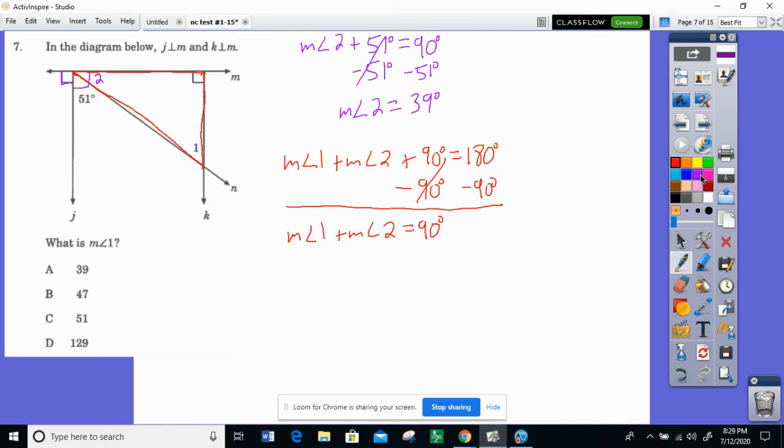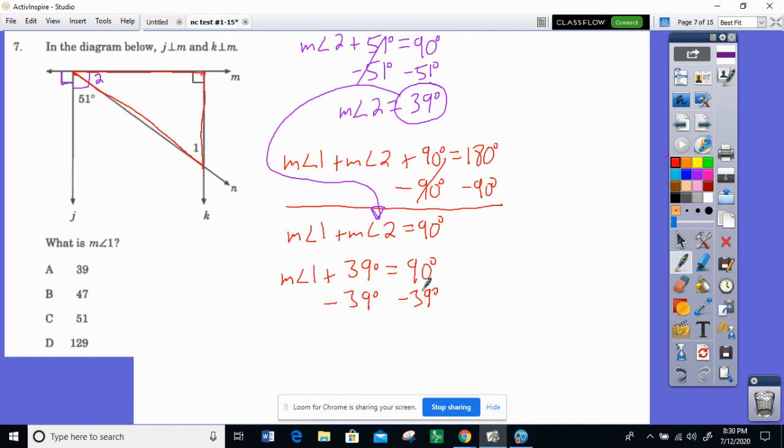And so if we substitute 39 degrees for the measure of angle 2, then that could give us the measure of angle 1 plus 39 degrees equals 90 degrees. We can take away 39 degrees on both sides, and that would give us that the measure of angle 1 equals 51 degrees, which gives us the correct answer, C.